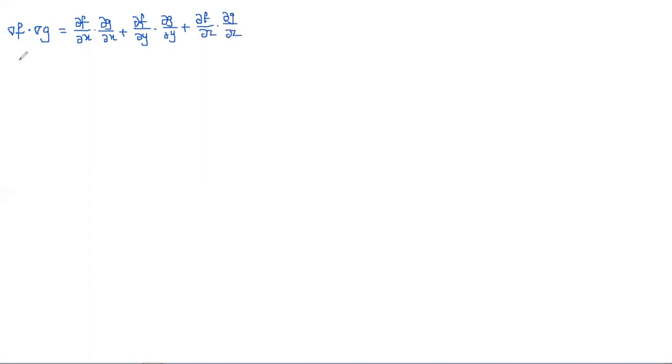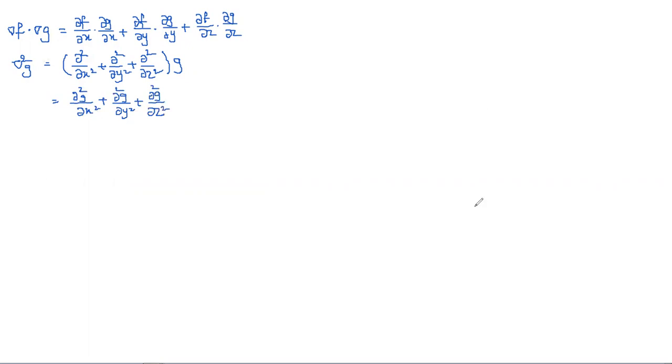Okay, and next del squared g. Del squared is the Laplacian operator, defined as ∂²/∂x² + ∂²/∂y² + ∂²/∂z², multiplied by g, that is z. If you multiply this, what will we get? ∂²z/∂x² + ∂²z/∂y² + ∂²z/∂z². Okay, this is del squared z.